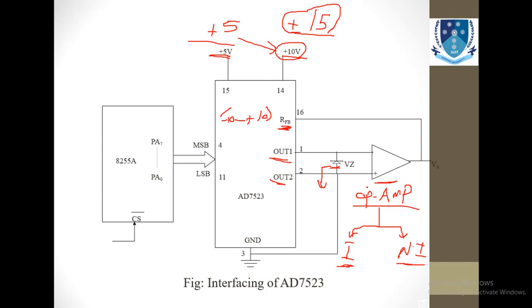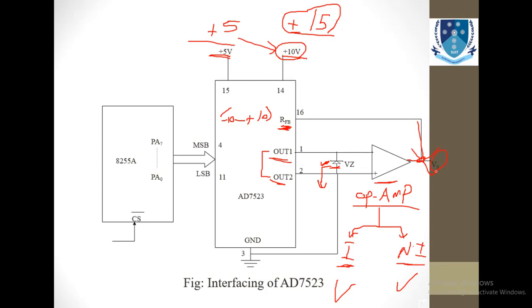And this actually depends on the criteria. If you want to not use this Zener, you can also do that. But mostly people use it, because depending upon the pins, you actually control the type of the op-amp which you want to work upon, and based on this op-amp you will get an output, and that output will then be multiplied with the reference value, and this will give you a proper output voltage.